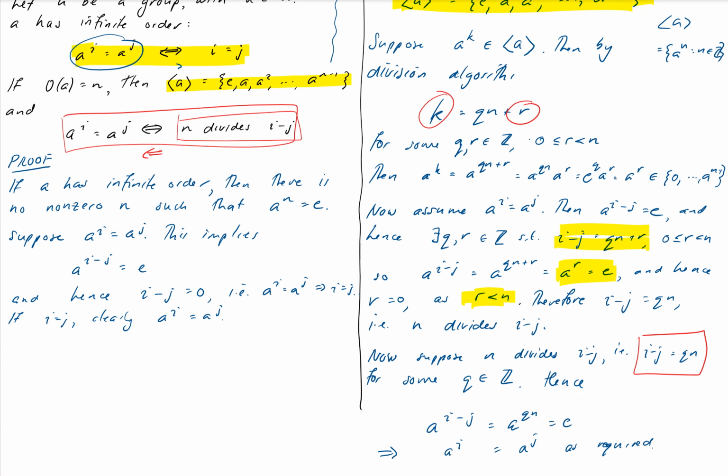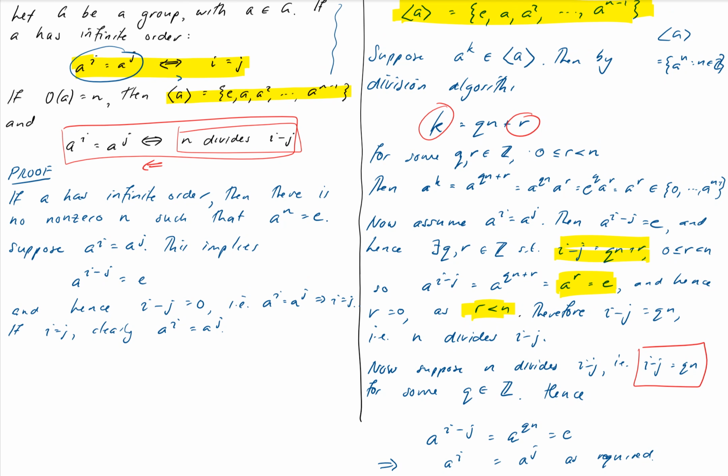Okay, and at this point, we have proven our entire theorem. We've shown both directions of both if and only ifs, and therefore we have our statement about when it is that a to the i can equal a to the j.